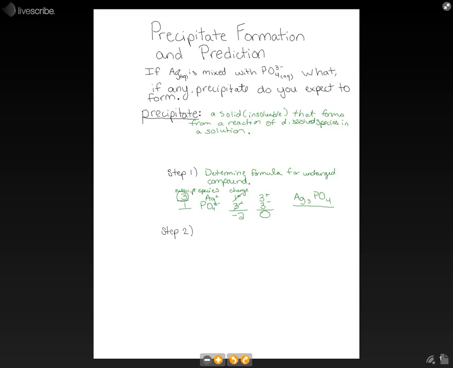Now moving on to step 2, we need to determine if this compound is soluble or insoluble. And the way we're going to do this is using our solubility rules.